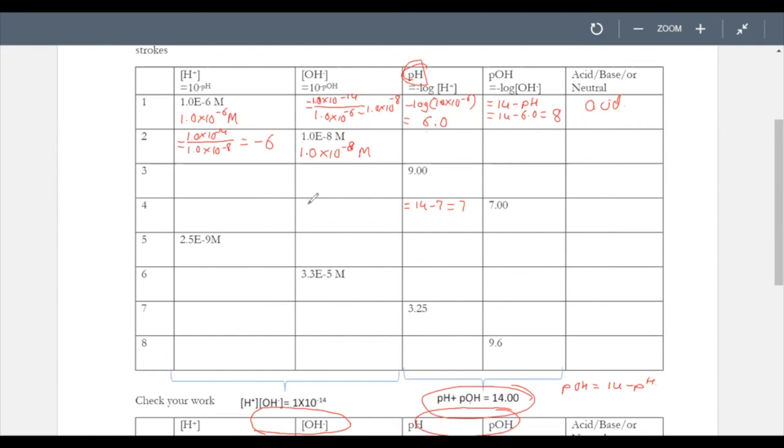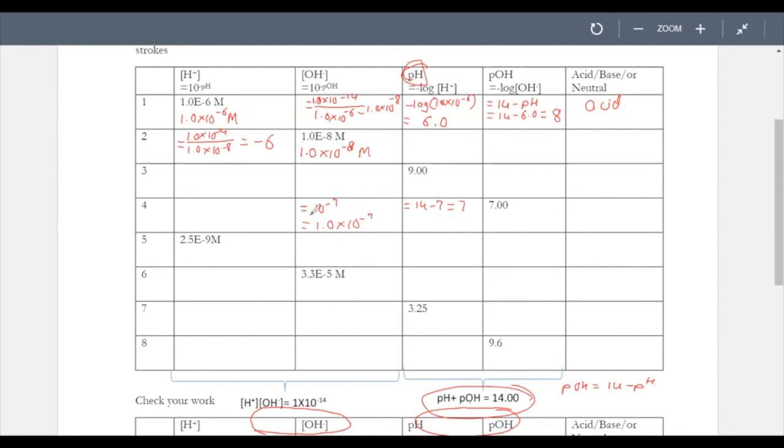The OH is 10 to the power negative pOH. So this is going to be 10 to the power negative 7, which is going to be 1.0 times 10 to the power negative 7.